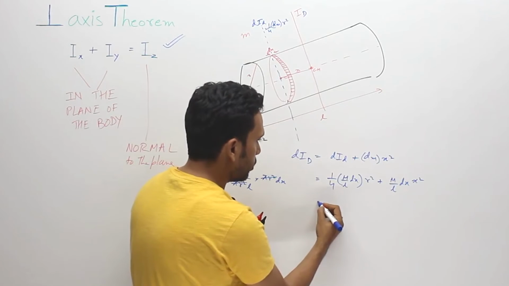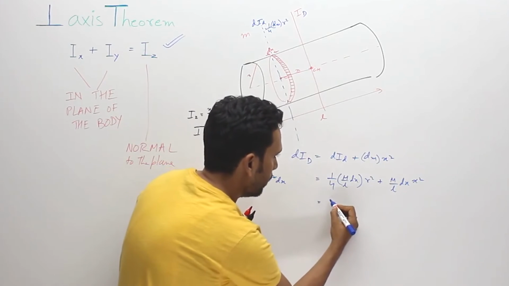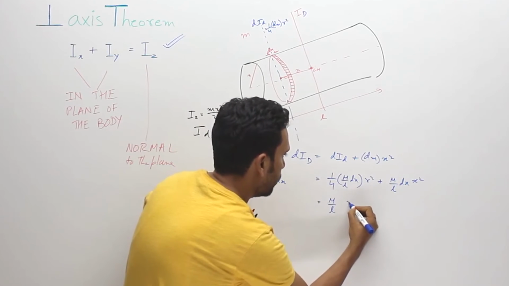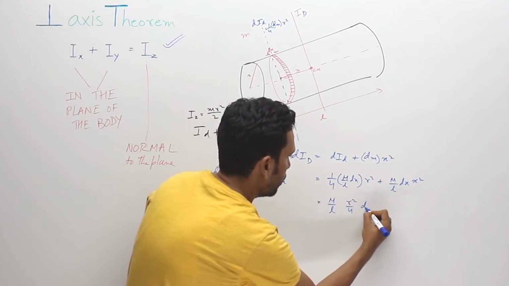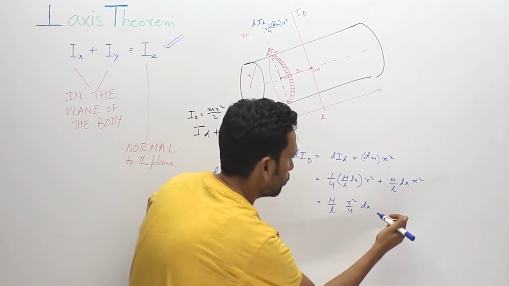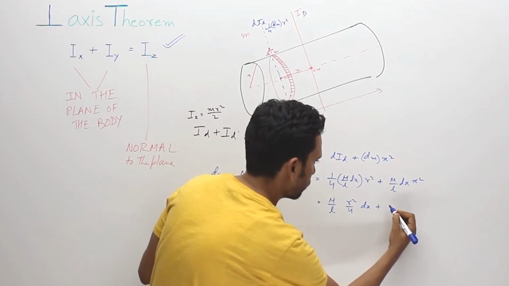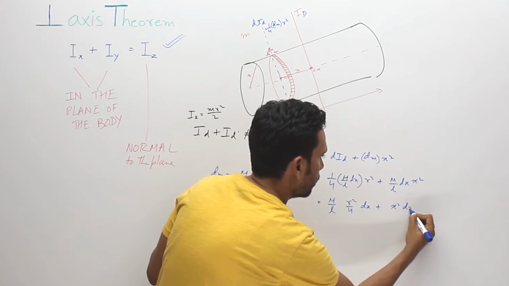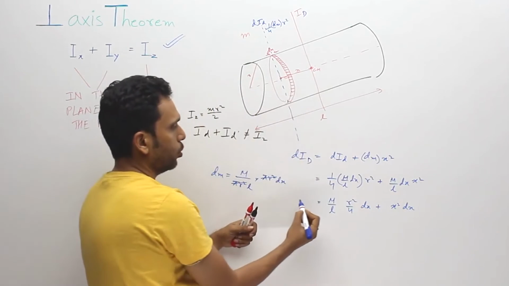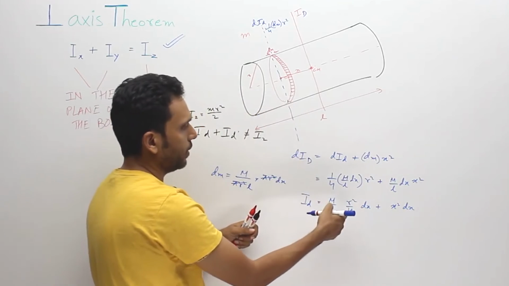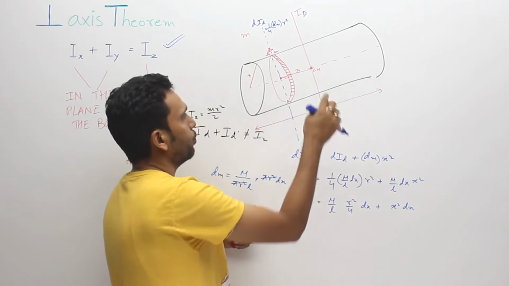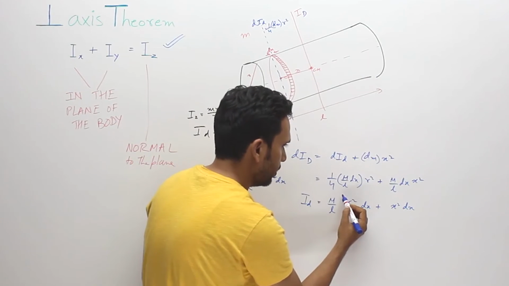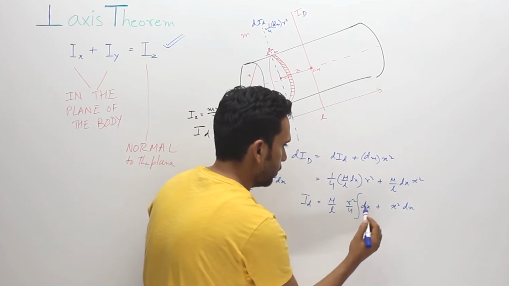So what we have is m by L common, and then you have r square by 4 dx plus x square dx. So the whole I_D would be integration of this going from minus L by 2 to plus L by 2. I'll just put the integration sign over here.